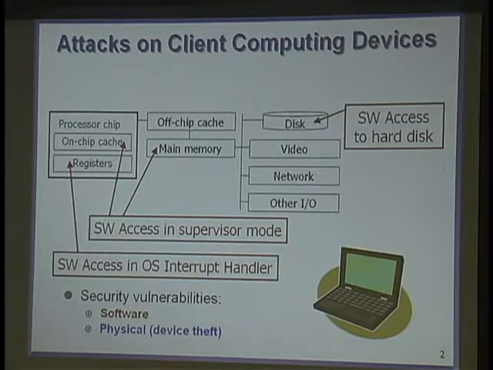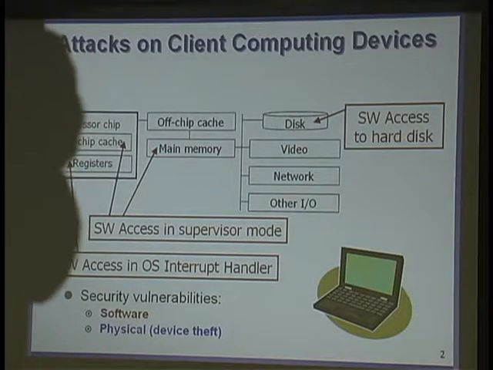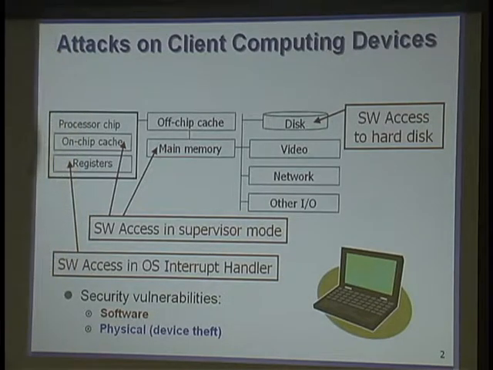So since we're going after commodity devices, we are not going to consider probing the microprocessor chip as something that is easy to do. Therefore, we can consider the microprocessor chip the security perimeter. So anything inside the microprocessor chip, we can consider safe. But anything outside, including the off-chip cache and the main memory and anything on the buses and the peripherals, we consider unsafe and subject to attackers, okay?